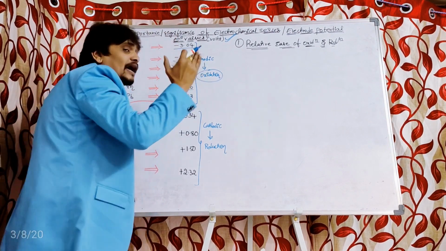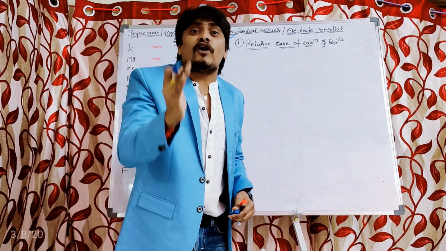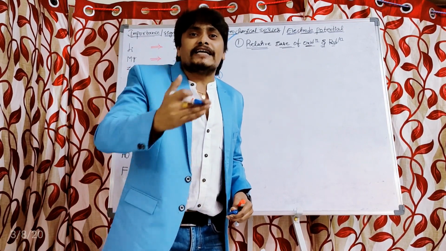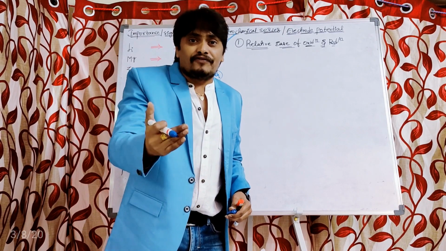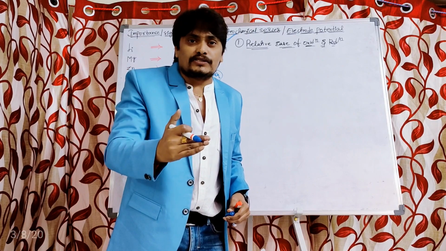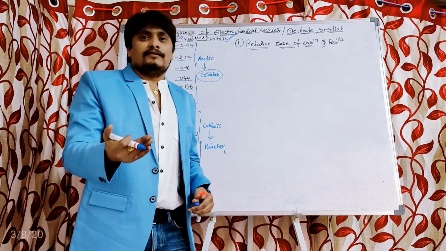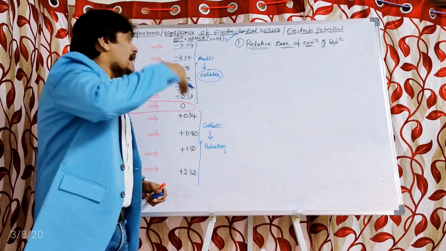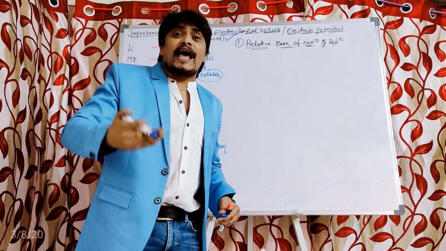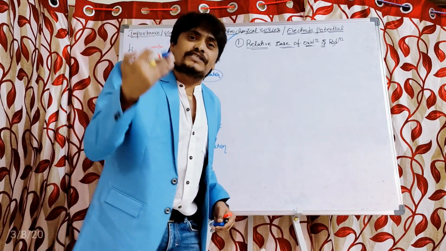But none of the substances in nature wants to be in the negative form; they want to be in the positive form. So in order to attain stability, in order to get into the positive form, they act as anode and undergo oxidation, and this negative value is converted into positive. That is the reason the electrodes associated with negative standard reduction potential values act as anode and undergo oxidation.